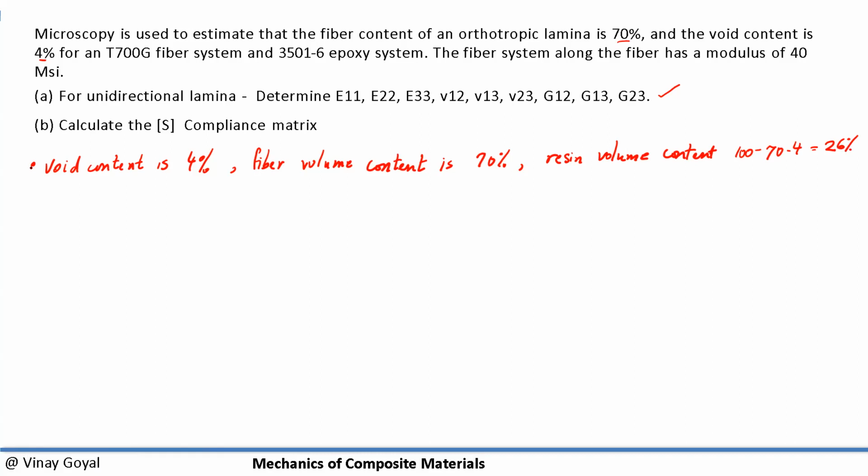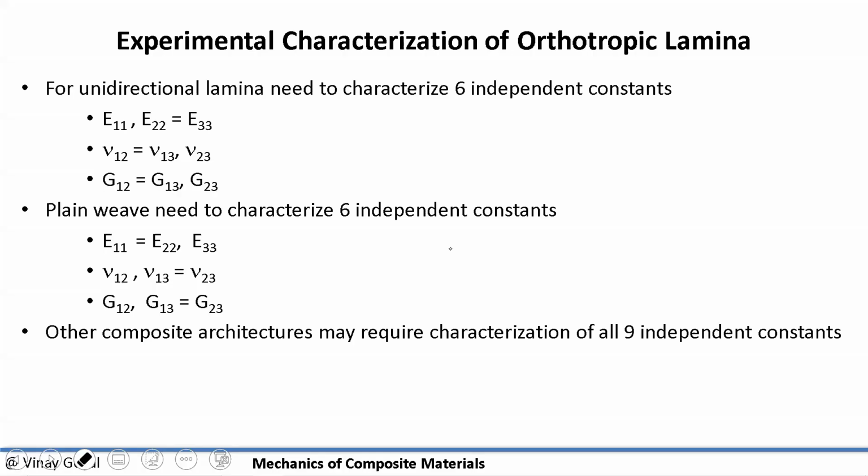Now I'm giving the T700G fiber system. And for that, I'm going to look at the literature and determine what that could be. And then I go to the Toray Composite Materials America, and I find that T700G is 34.8, the tensile modulus.